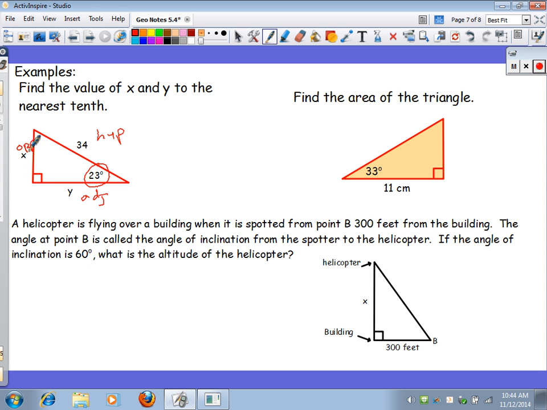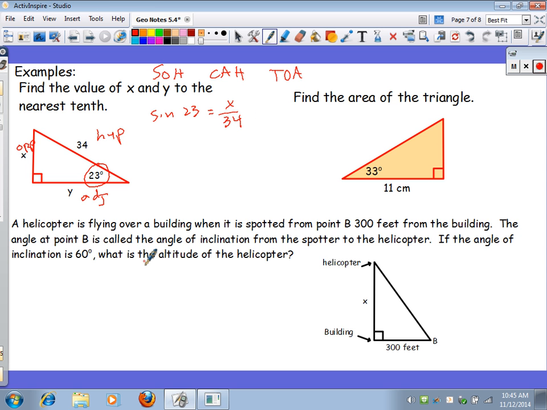SOH CAH TOA. Remember my Indian chief? So which one do I use here for the x? I've got to use sine. Sine of 23 equals x over 34.